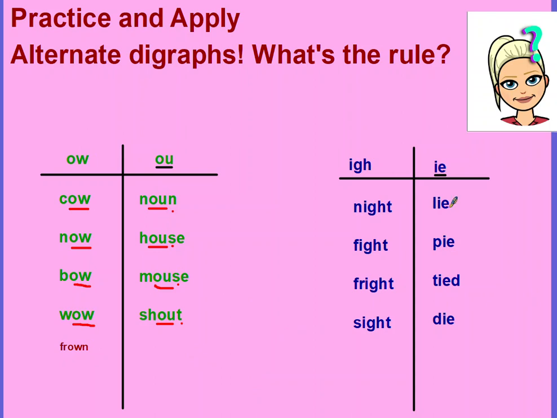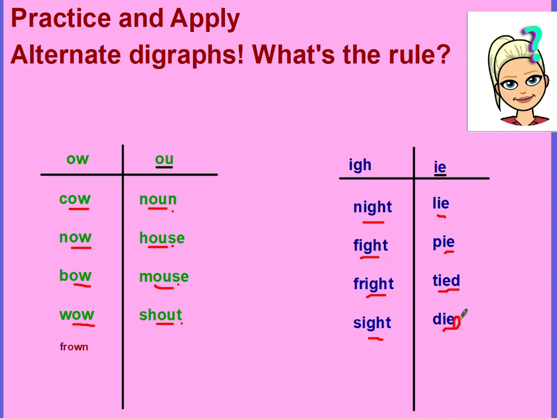Okay, the same can be true of the I sound. When it's IGH, it's normally in the middle of a word, and the IE is generally at the end of a word. Now, there are exceptions to that rule, and as you can see here, tide is in the middle of the word. That's because it's had a suffix added to the end of it.